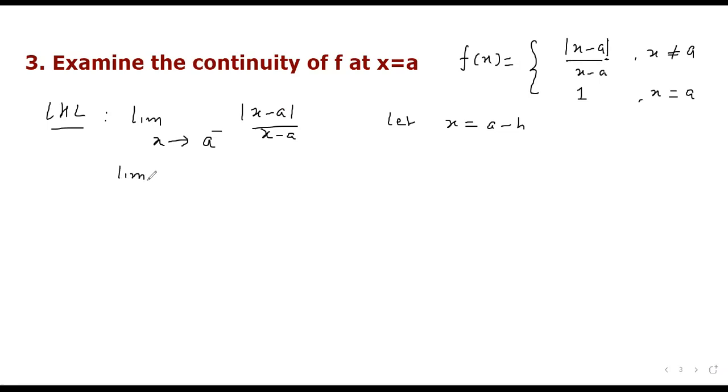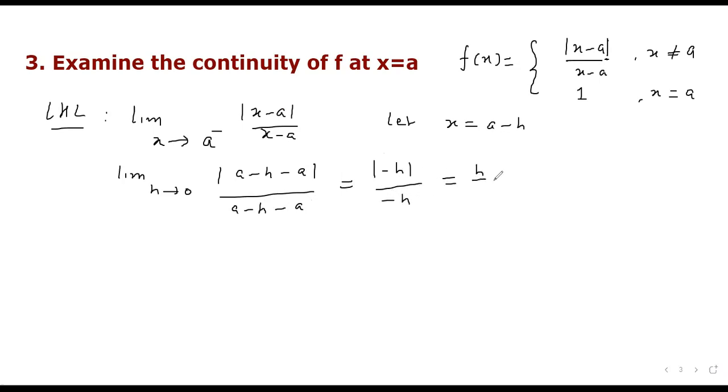So it becomes limit h tends to 0, and in place of x we write a minus h minus a divided by a minus h minus a. So from here, modulus of minus h divided by minus h. Modulus of minus h becomes h, divided by minus h, which gives minus 1.